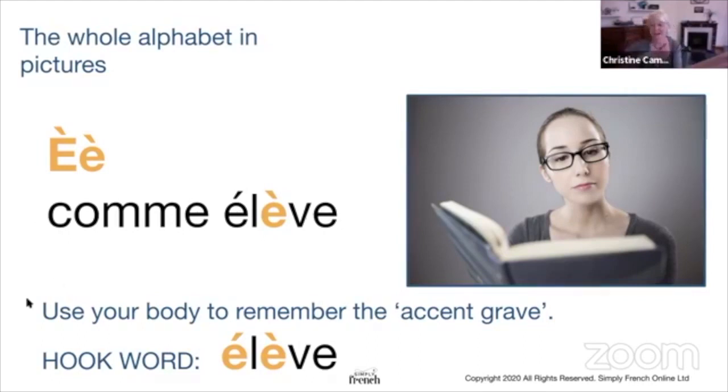My hook word is élève. Élève, if you're going to use two. Up for the accent aigu and down for the accent grave. Even your voice, never mind the physical, goes up and then down. Make the sound, make the movement, look at the letters in your mind. Élève.